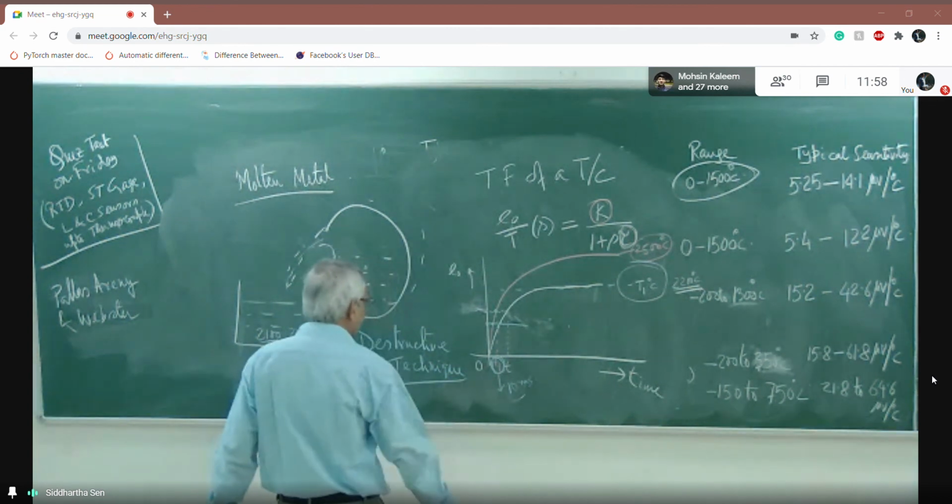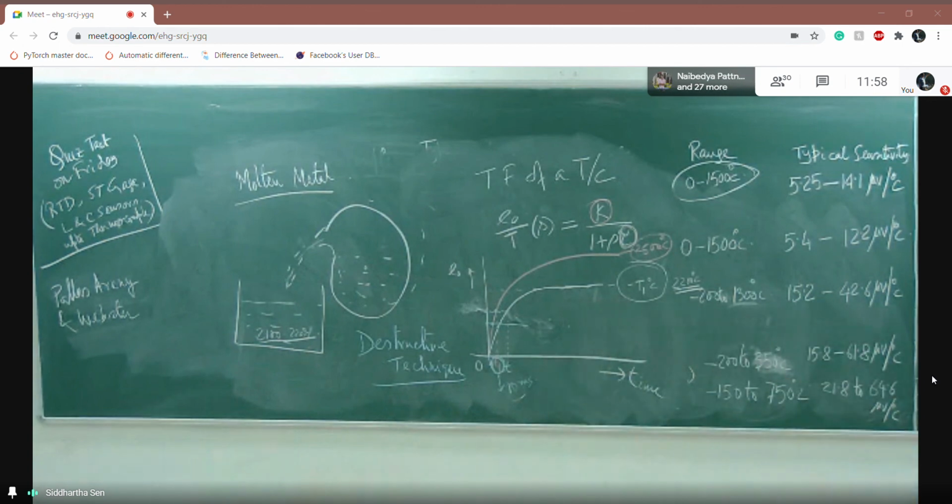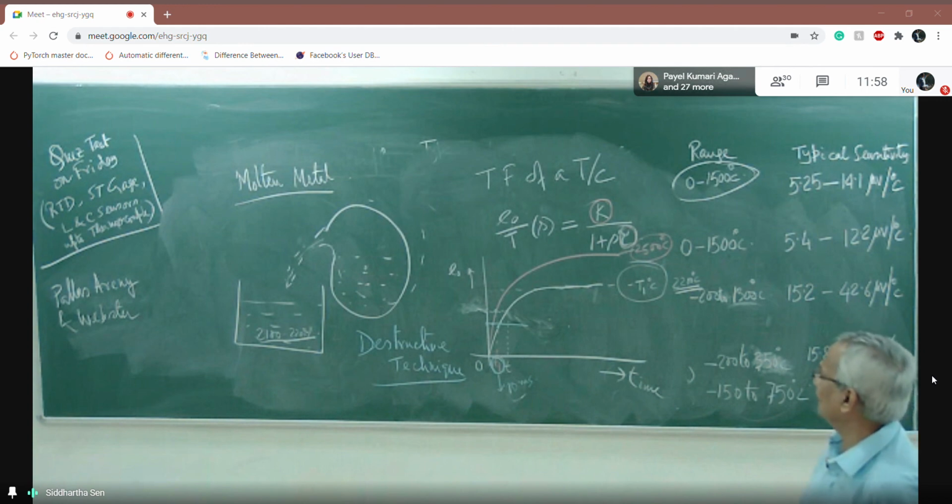It destroys the thermocouple, so you can use it only once. But the steel industry uses huge costly material, and the temperature decides the quality of the steel, so we can afford to go for this, even with a platinum thermocouple.